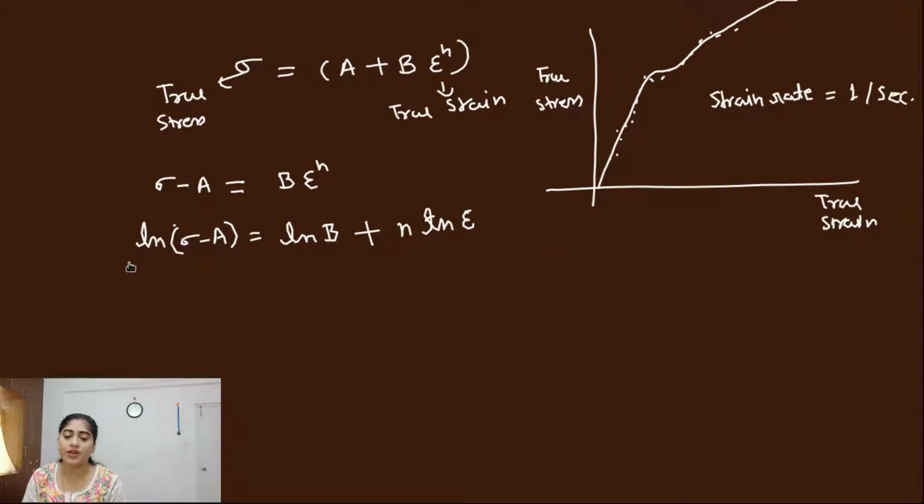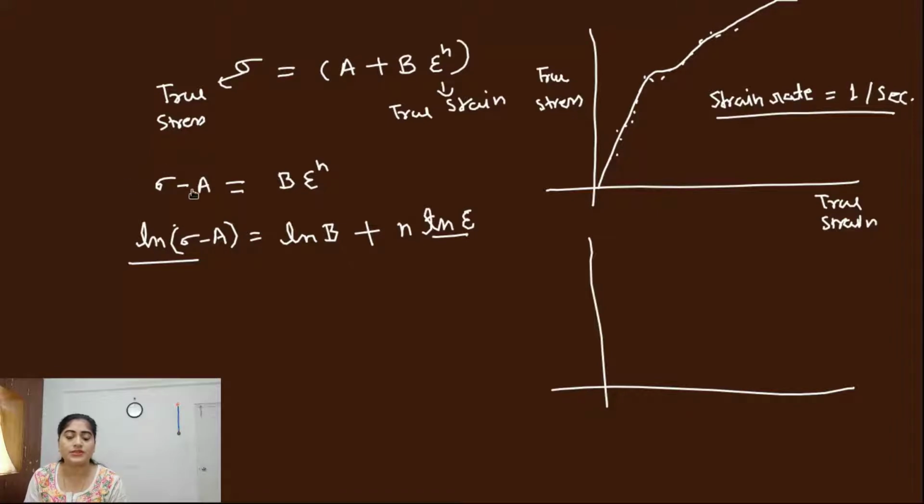Now A is equal to the yield stress of the material at the reference condition. So at the reference condition, whatever strain rate you are taking, in a quasi-static process somewhere you get the yield stress. That you can find through the stress-strain graph.